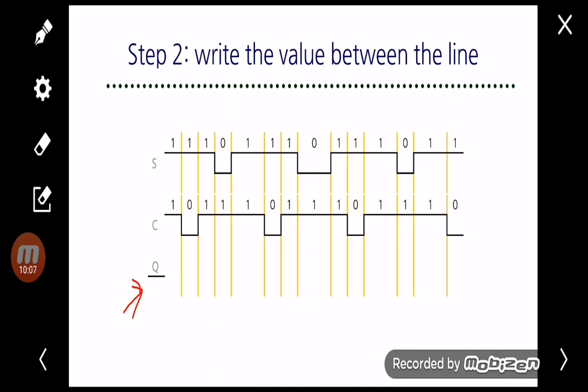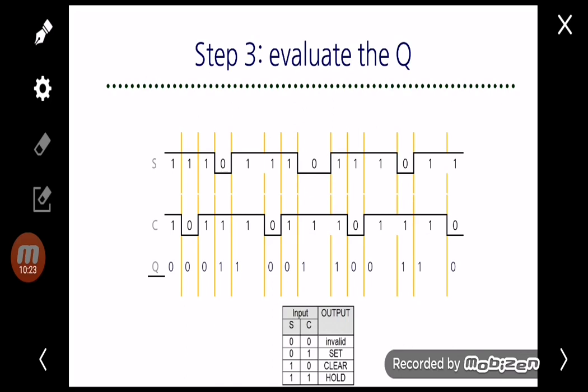Alright, so the next step is you write down the values, and then we do the analysis. For example, 1 1 here is supposed to hold. Alright, we get 0. Evaluate the Q from the truth table here.